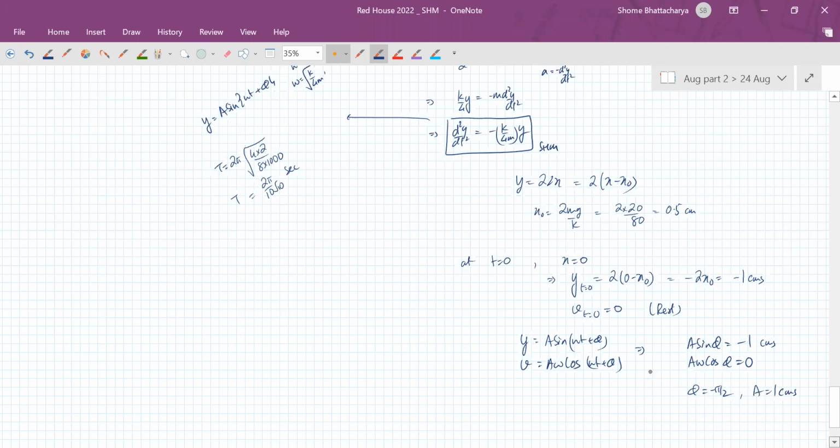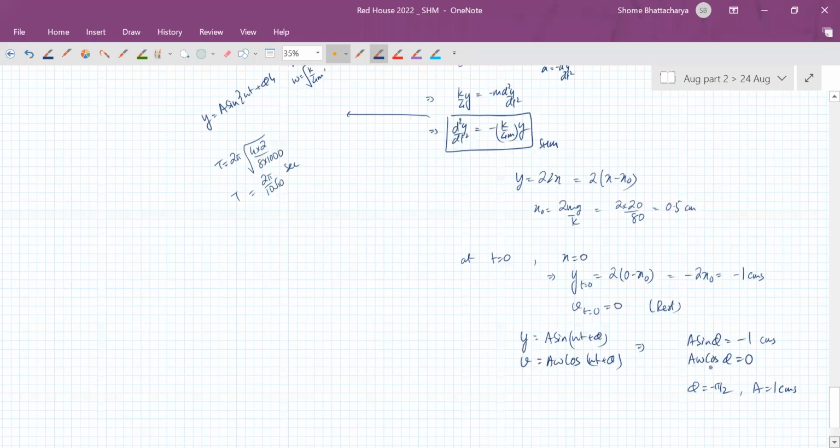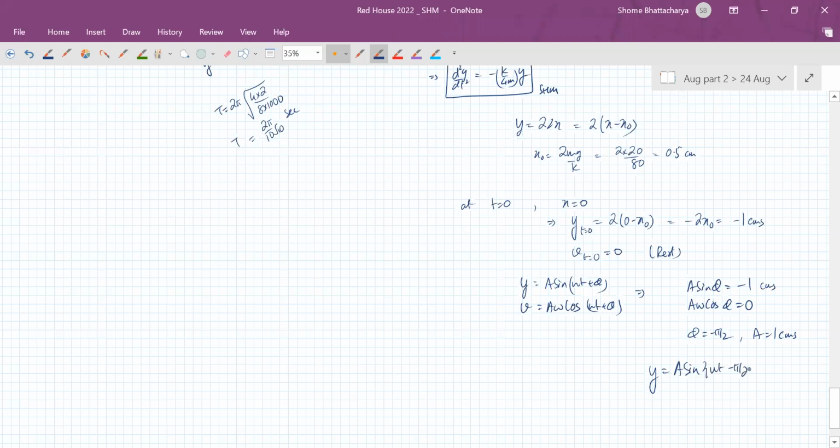So y as a function of time is a sine omega t minus pi by 2, where a is 1 centimeter and omega is square root of k by 4 and that value.